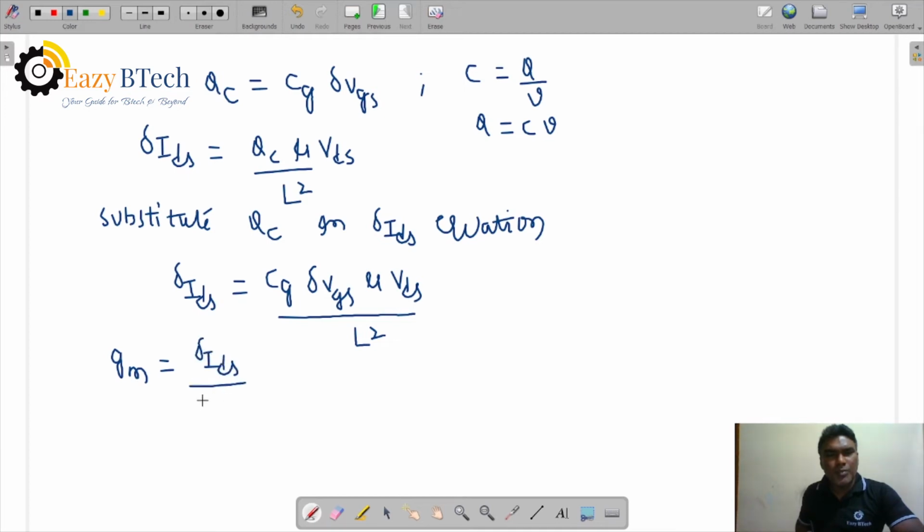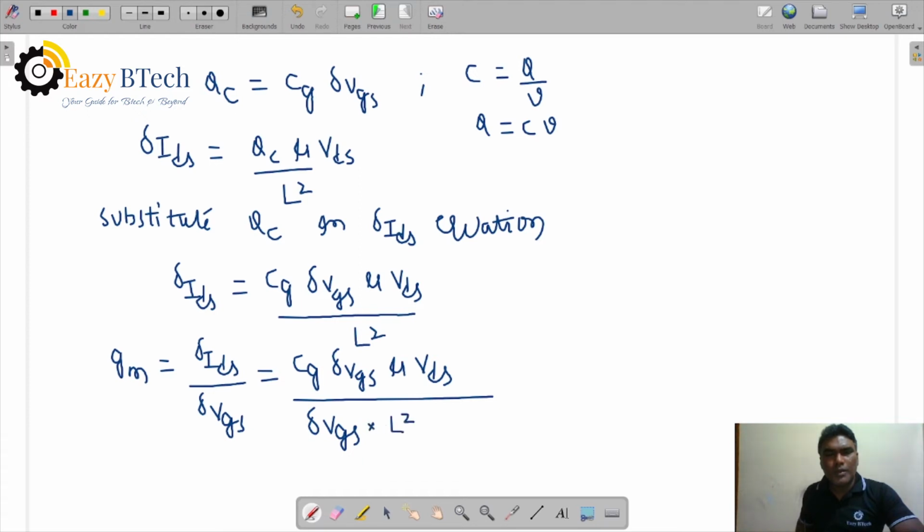Change in IDS by change in VGS is equal to Cg into change in VGS into mu VDS divided by change in VGS into L square. Now this change in VGS will be cancelled out.